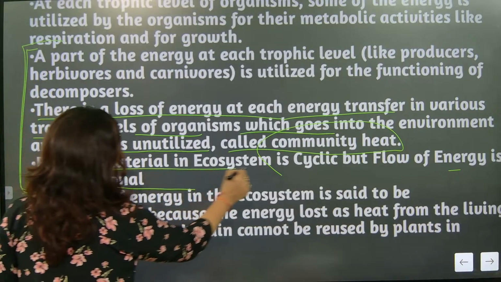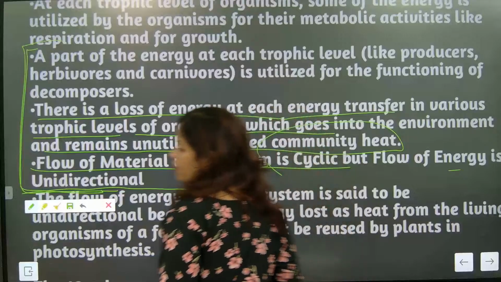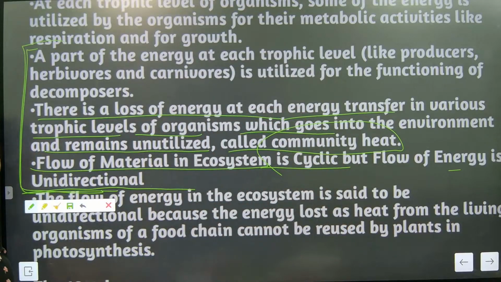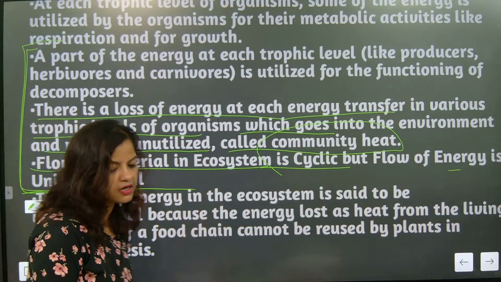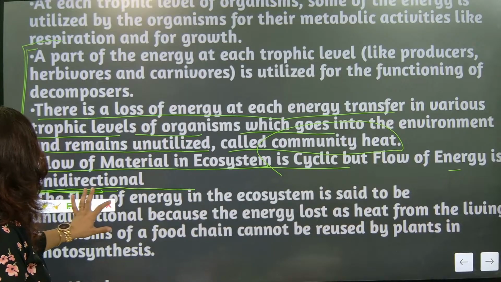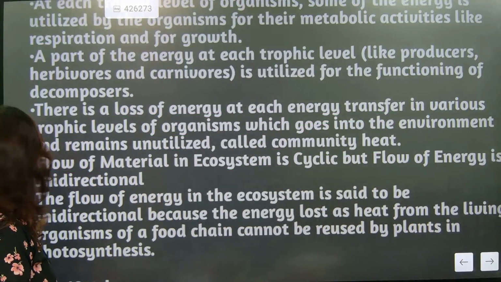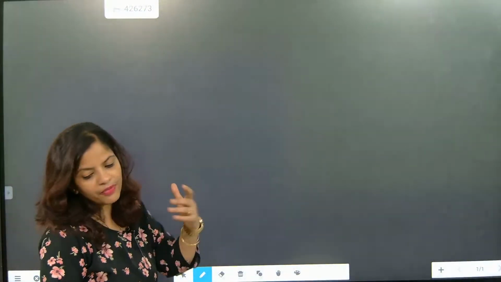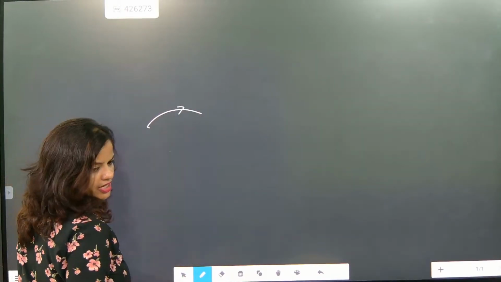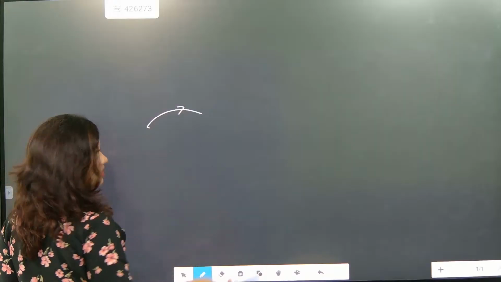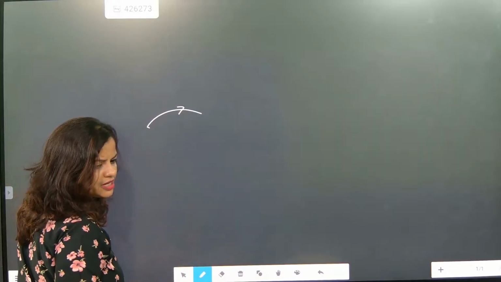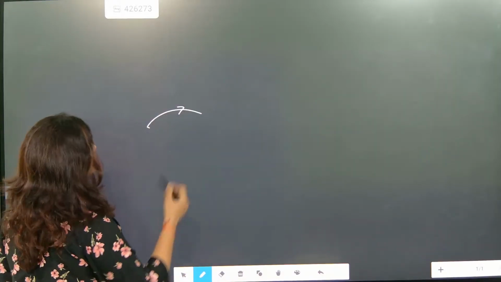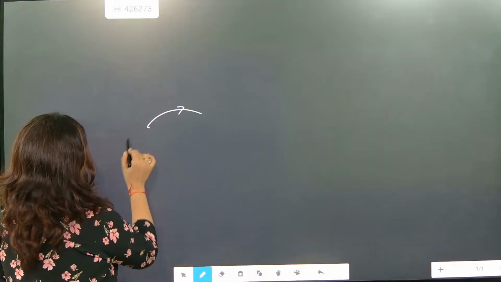The flow of material in the ecosystem is cyclic. If somebody asks how the flow of material is cyclic, one material will be utilized.